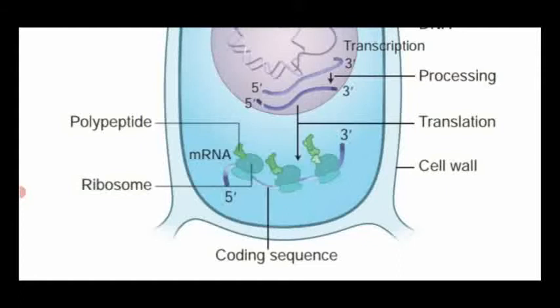The cytoplasm contains the protein synthesis organelle known as the ribosome. This ribosome is attached to the outer membrane of the nucleus, and some of the ribosomes are spread over in the cytoplasmic region.